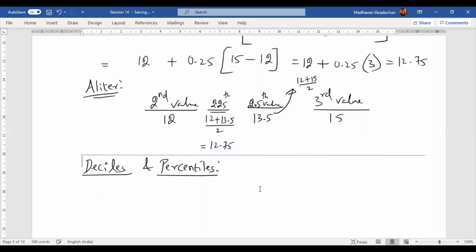Percentile, this is 1/10, this will be 1/100th. That is the difference. Let me write directly the formula for decile and percentile as Di. What is Di? It is the ith decile.